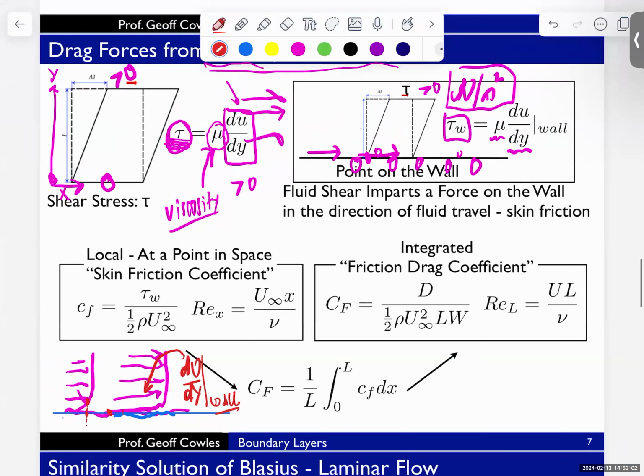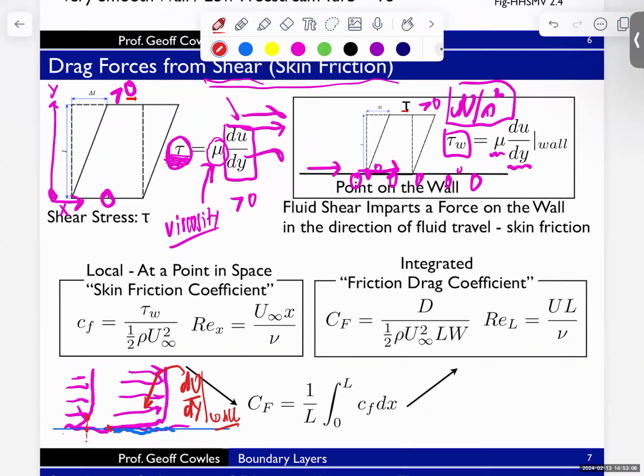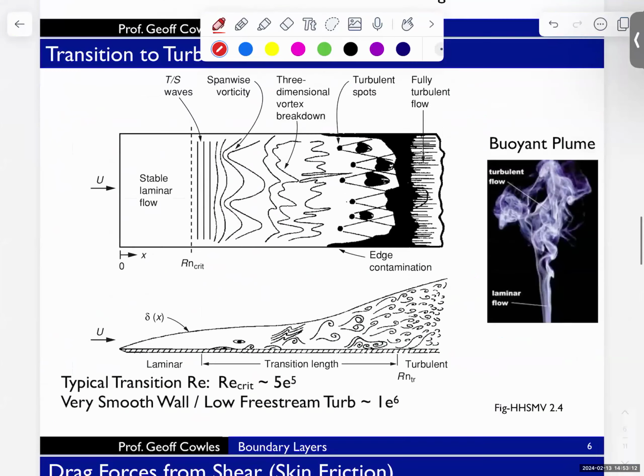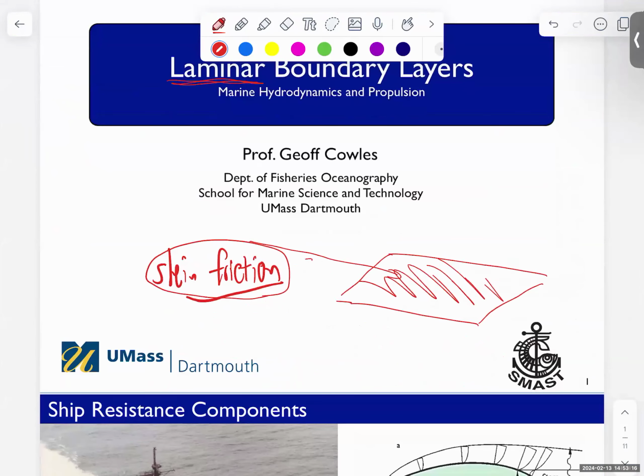We're going to be looking at two particular drag forces associated with these shear stress. The first is at a point in space. So if I go back to my original problem, this plate here, if I'm thinking, what is the shear stress happening right there at a particular point?